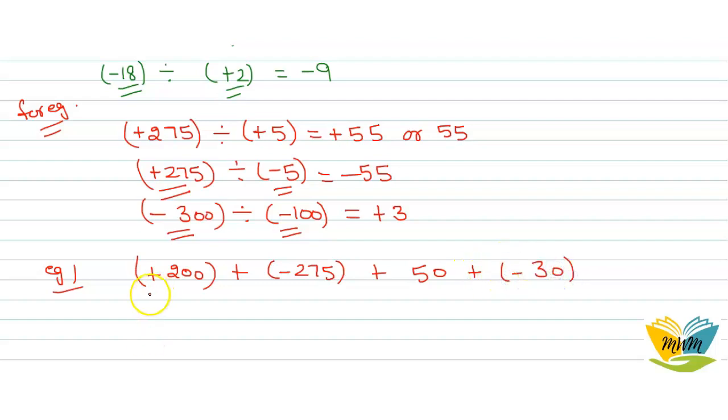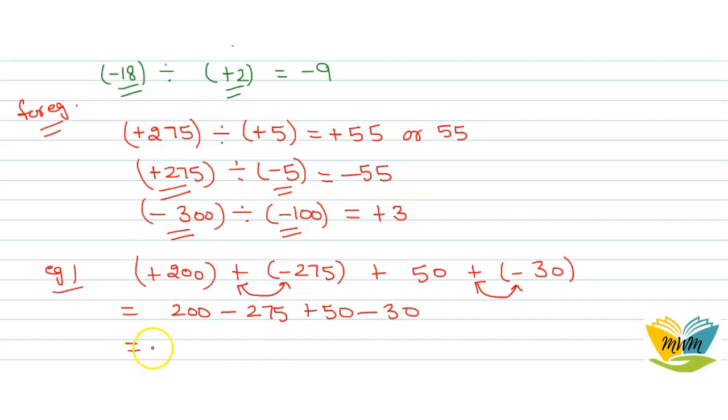If we want to solve these numbers, first we will open all the brackets. Plus 200 can be written as, now plus and minus, these two signs are together without any number between them, so it will become minus 275. Now plus 50 and again plus and minus, it will become minus 30.